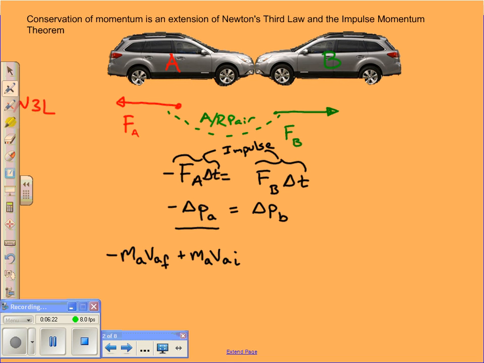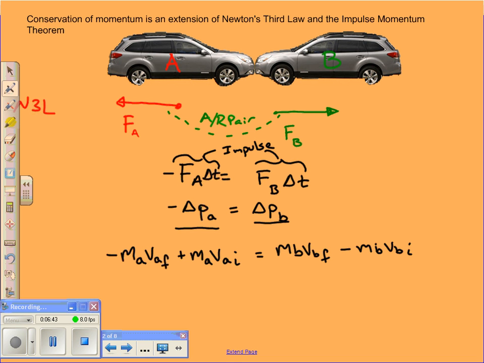Right? That's all we're doing is expanding that out. The other side then, I'm going to expand this one out. Delta PB. This is going to be the mass of B times the velocity of B final minus the mass of B times the velocity of B initial.